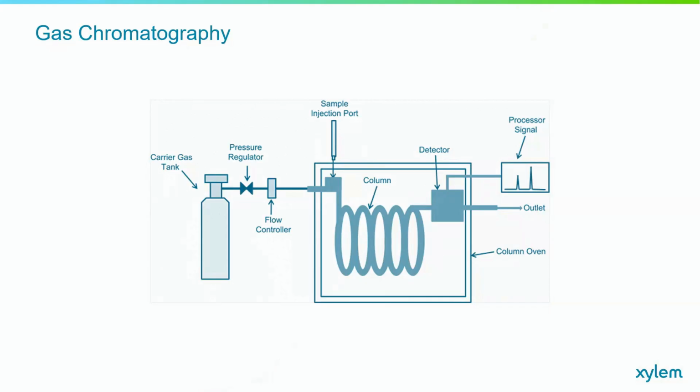Gas chromatography is an analytical method that's used to separate, identify, and quantify individual components in complex mixtures. Despite its name, we're actually mainly testing liquid samples that sometimes have a solid or sludge consistency. The term gas in this instance refers to the carrier gas that moves the vaporized sample through the instrument.